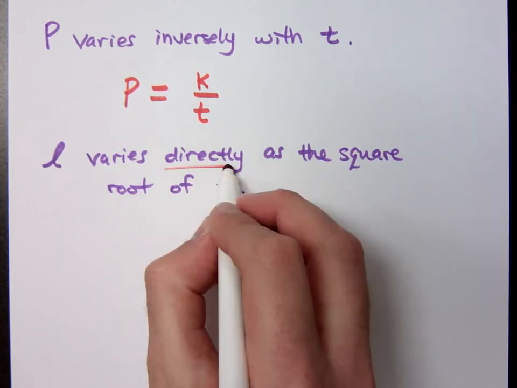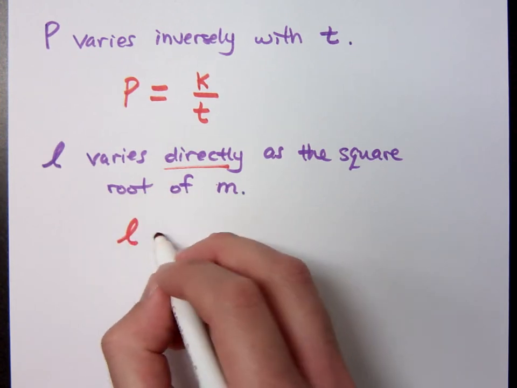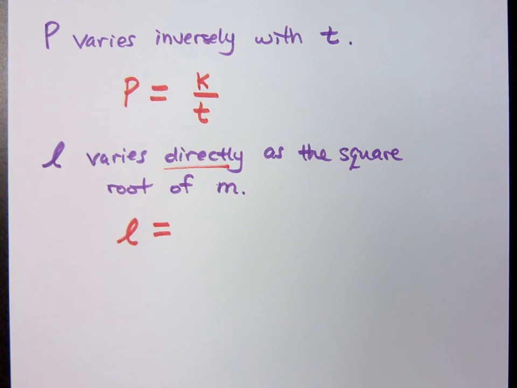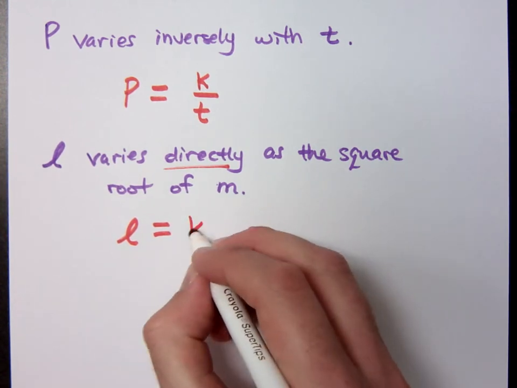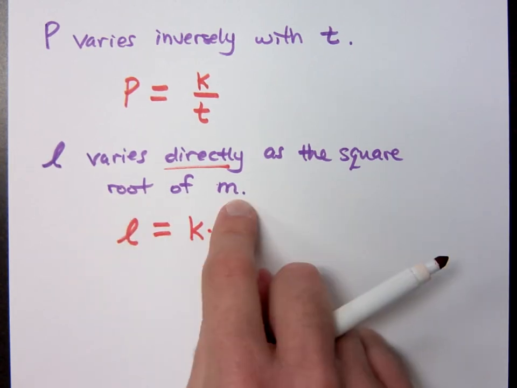This is direct variation, right? So it's saying that L is related to m. How? As the square root. Is it just k times m? No. There is a k here, and it is multiplication, but it's k times what? The square root of m.